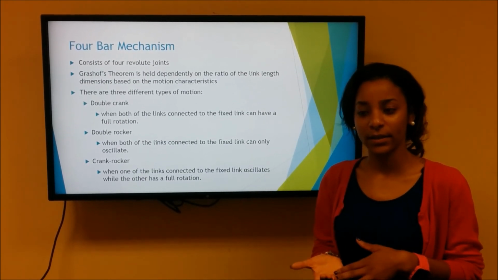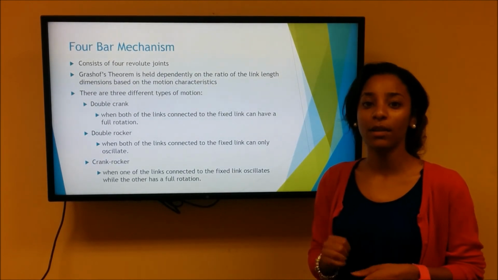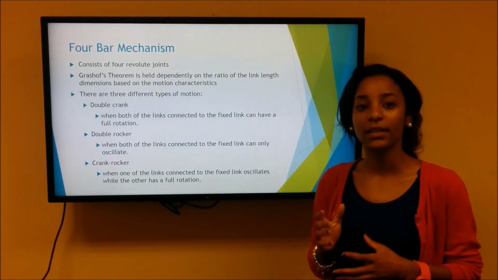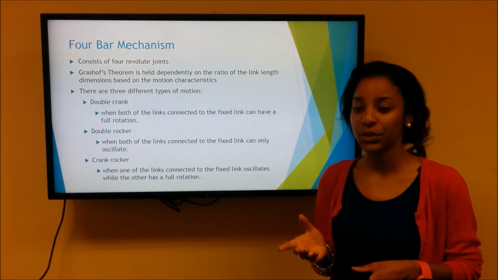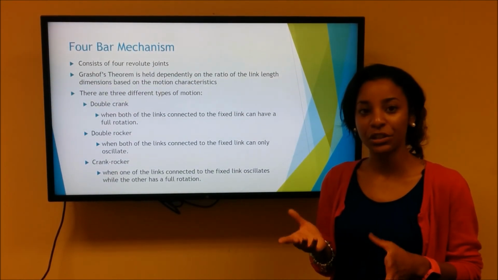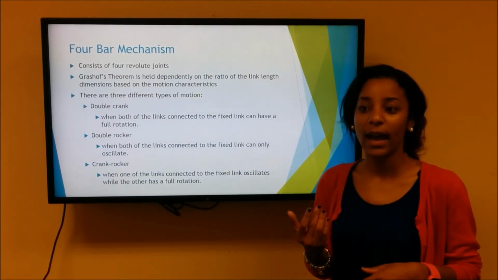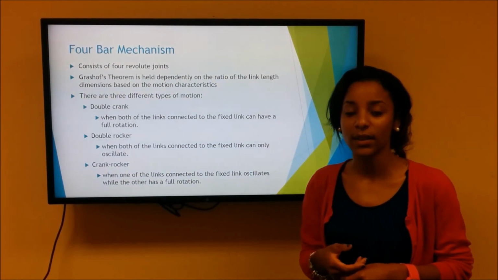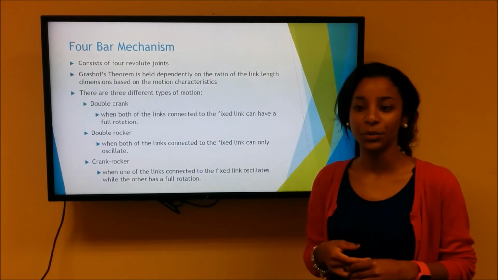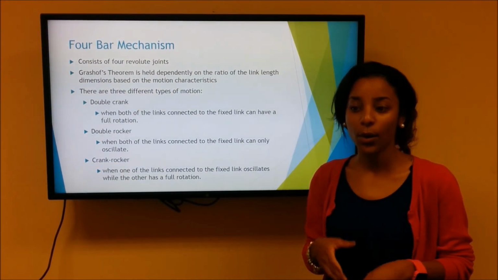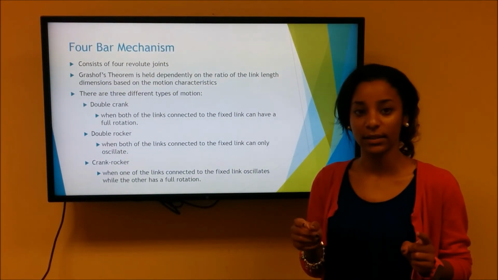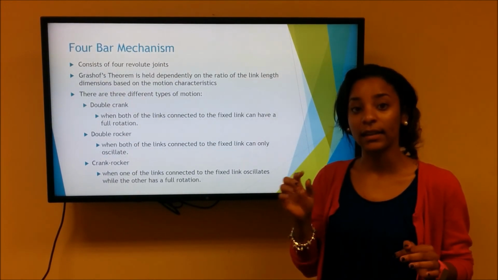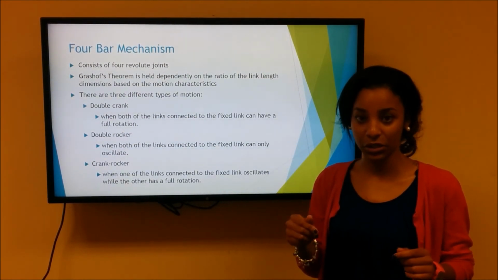The 4-bar mechanism consists of 4 revolute joints, and Grashof's theorem is used, which is a ratio of the link lengths, and this is based on the motion characteristics. There are 3 different types of motion. You have double crank, when both of the links connected to the fixed link can do 1 full rotation.